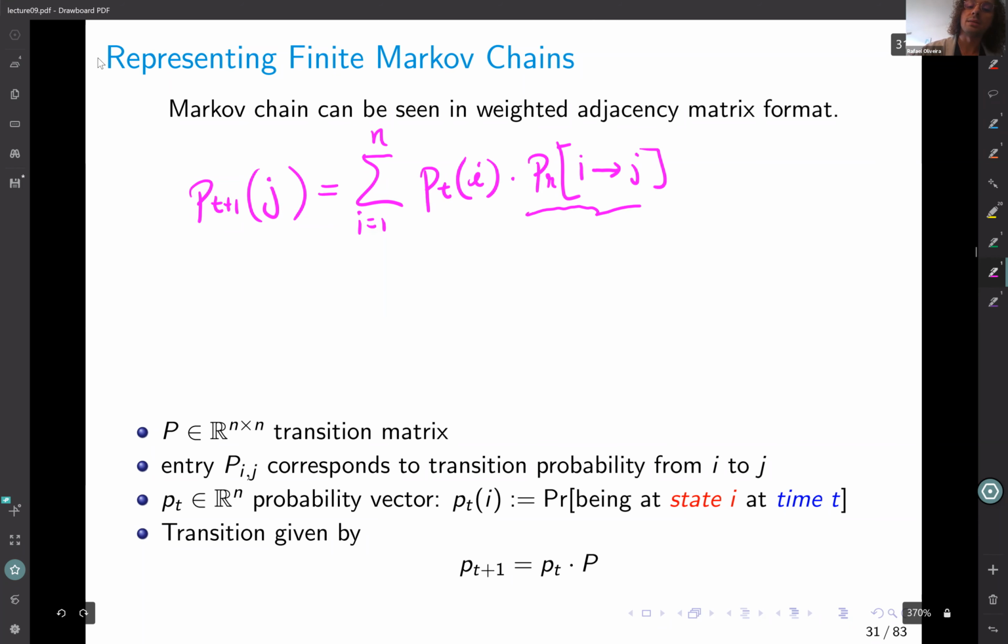But now what is this? This is exactly Pij, correct?